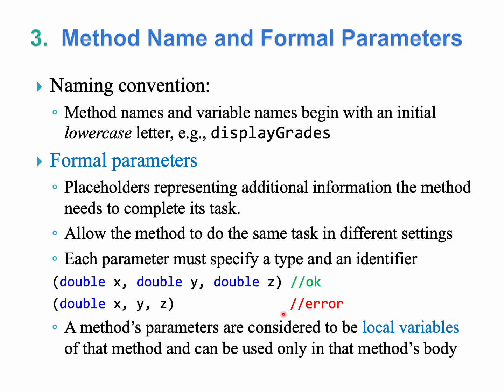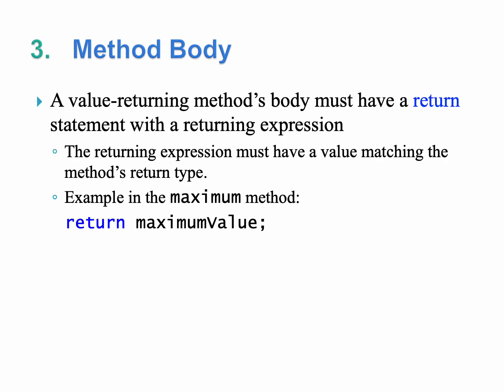A method's formal parameters are considered to be local variables of that method and can be used only in that method's body. The method body follows the method header and contains statements that perform the task of the method.